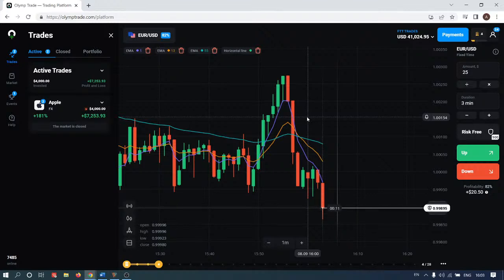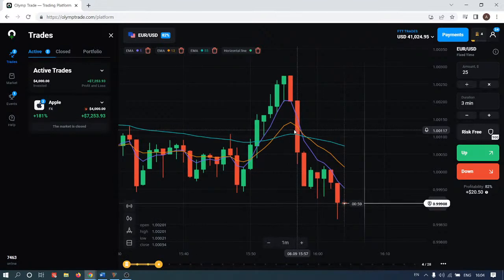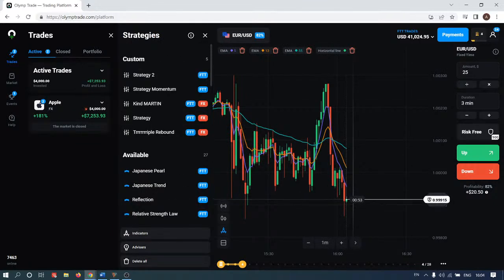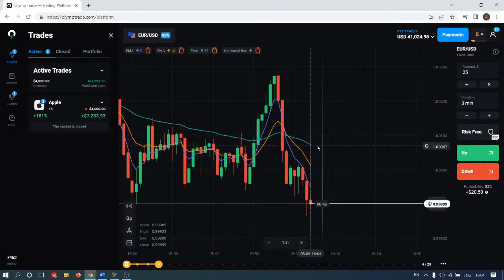You can make a template for your own strategy, and then you don't even have to press anything else. You just go into the technical analysis tab, trading strategies, and on the very top of this list you will see your trading strategy, which you have saved, and it stays there forever.